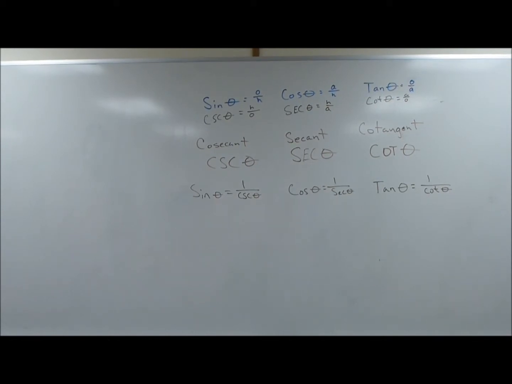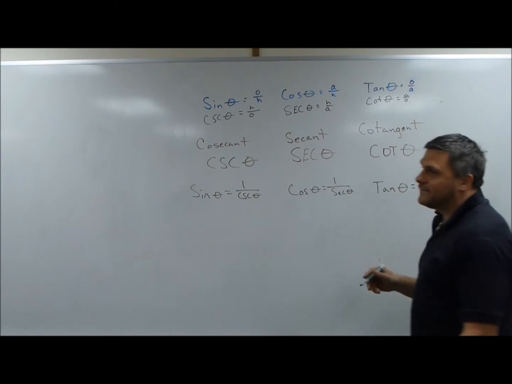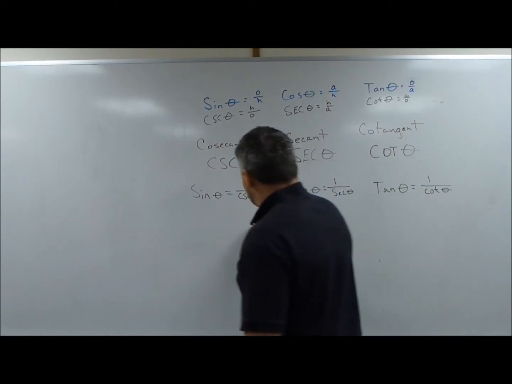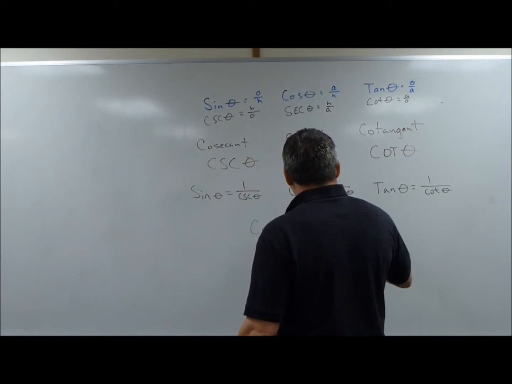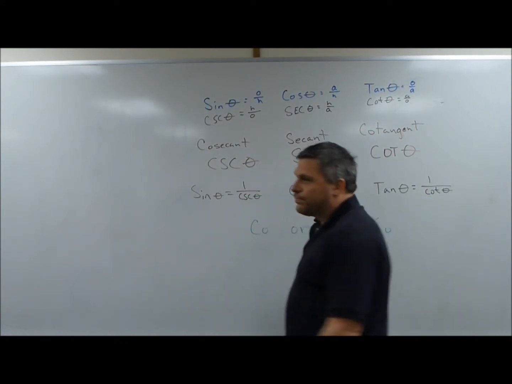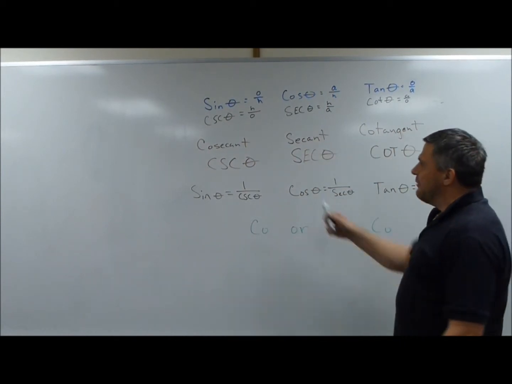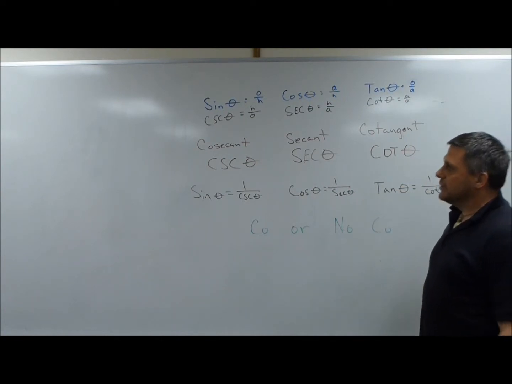So, this is the way I like to remember it. I'm going to try to make this as easy as possible. Co or no co. Every single one of them has one co in it.